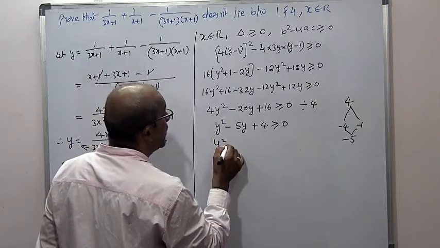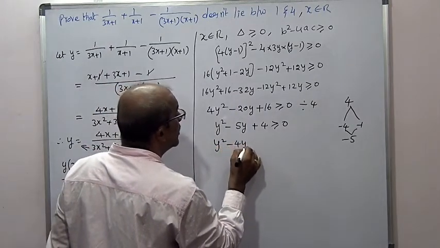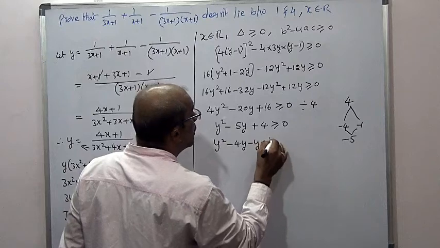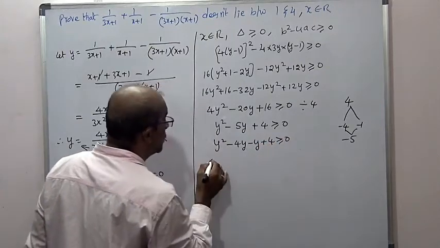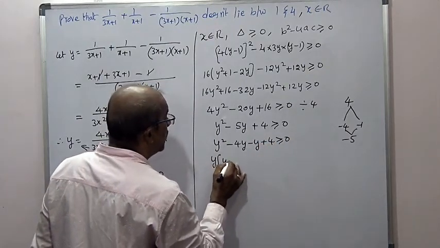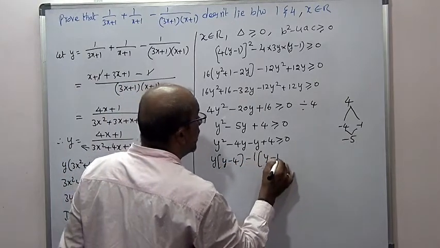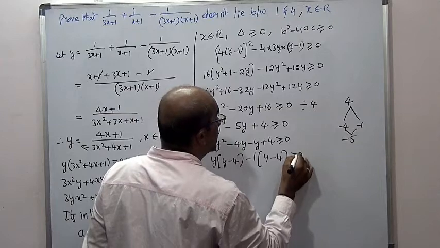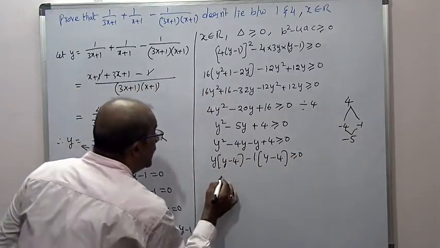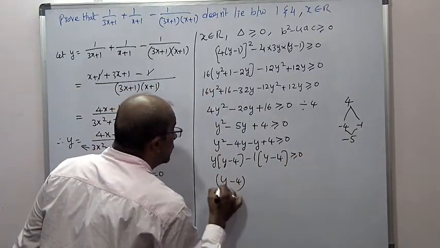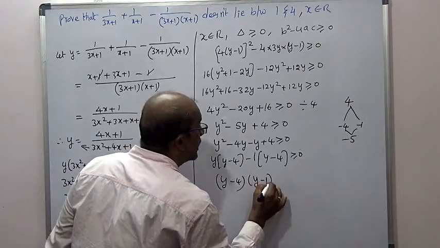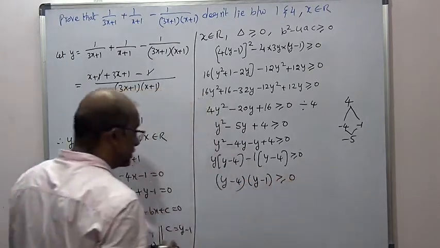So y² − 4y − y + 4 ≥ 0. Take y common, (y − 4), minus 1 take common, (y − 4) ≥ 0. Again, take (y − 4) common: (y − 4)(y − 1) ≥ 0.